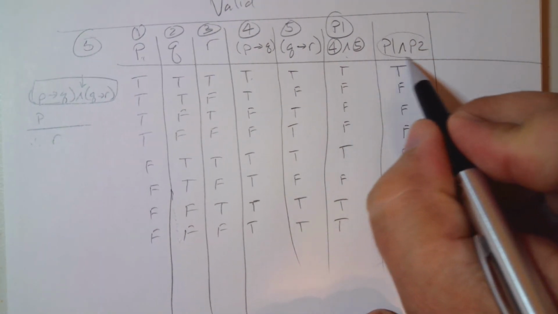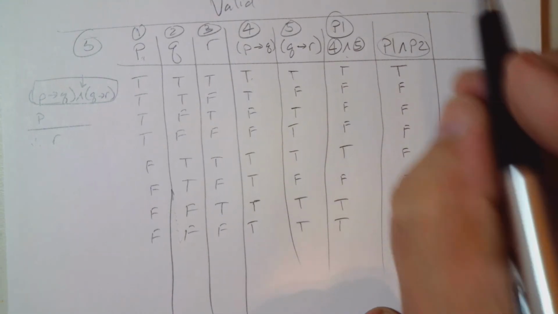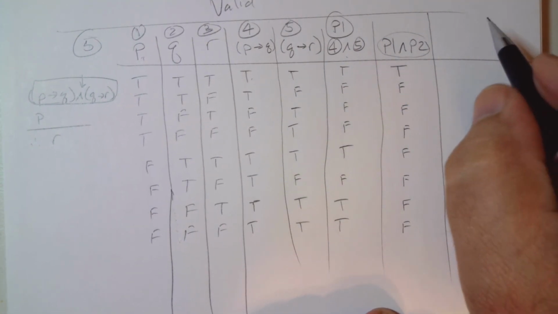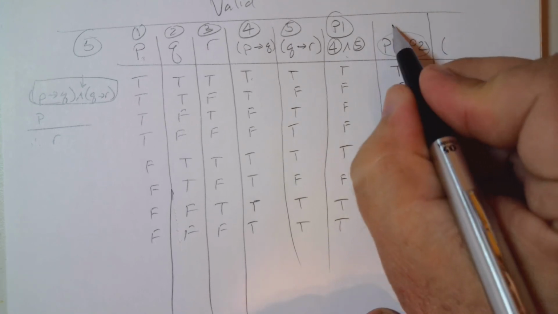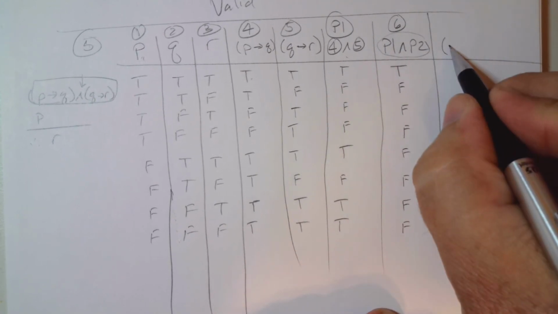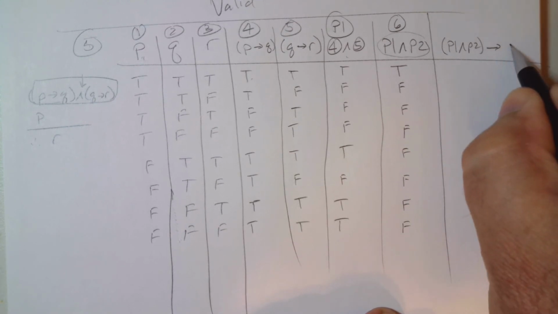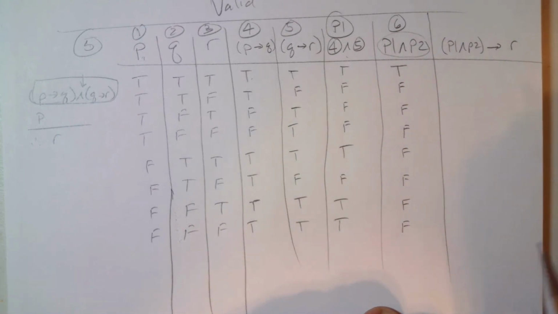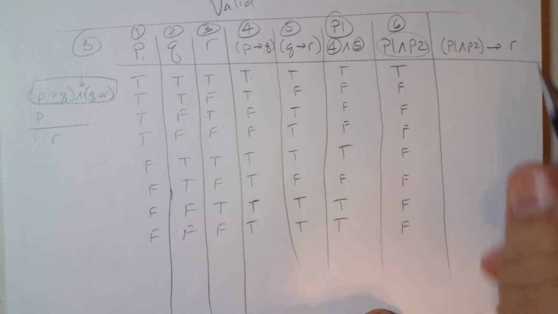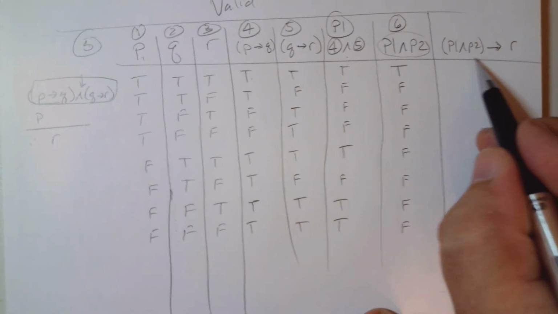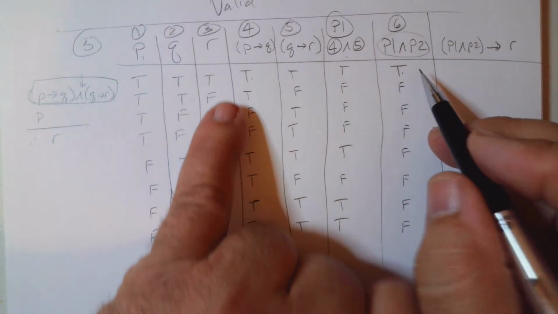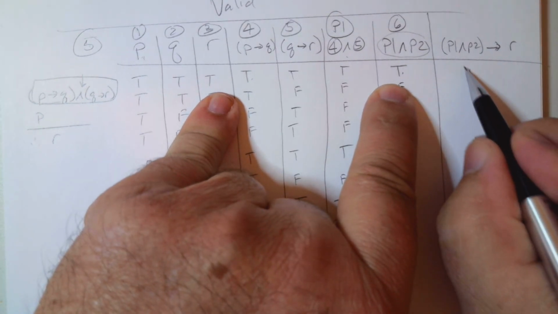So these are our 2 premises. This is premise 1 and premise 2. Now this is, let's say, column 6: premise 1 and premise 2, and see if it equals our conclusion, R. So it's an if-then. If true then true is true.